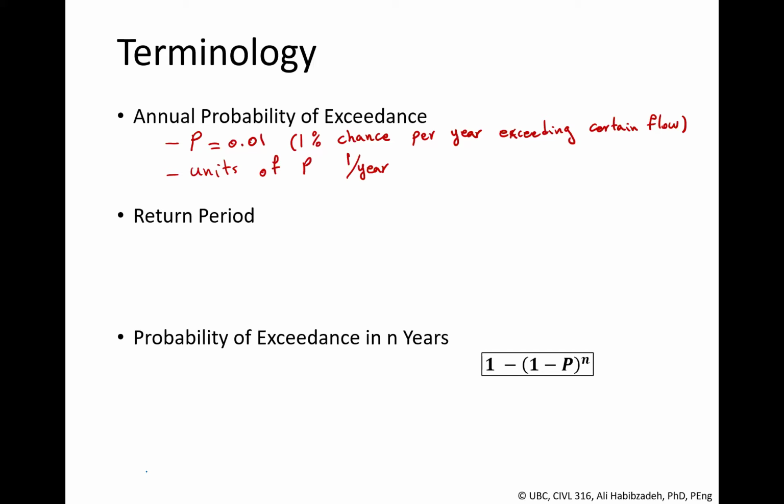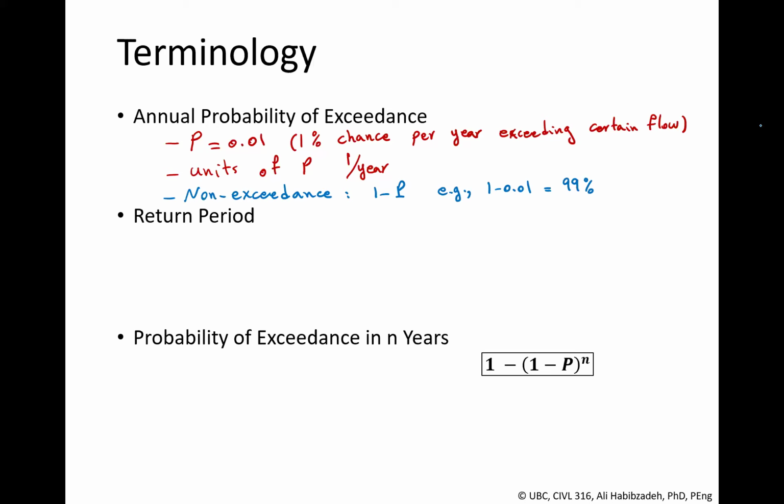Following this, we also have the idea of non-exceedance. That should be straightforward: it's 1 minus P. In our example, it will be 1 minus 0.01, which is 99%. So there's a 99% chance per year for the flow to not exceed whatever discharge we're looking at. Okay, so that's exceedance and non-exceedance.